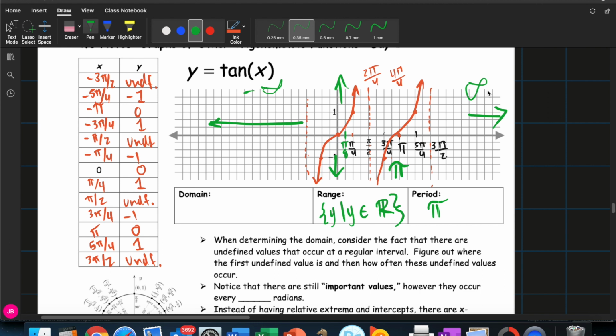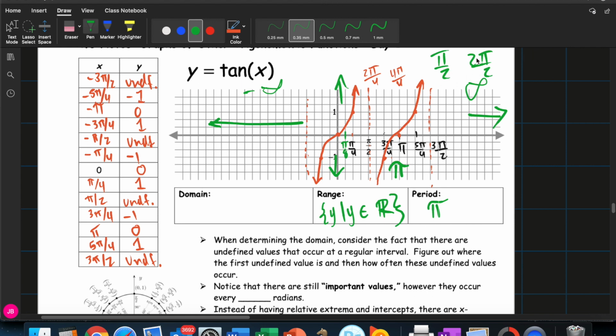Yeah? So how would you tell somebody where there's an asymptote? Like if you wanted to explain to me, hey, there's an asymptote every half. Okay, so you're saying every half, so pi over 2, there's an asymptote. What about 2 pi over 2? That's technically a half. Okay, well, then what makes it half?